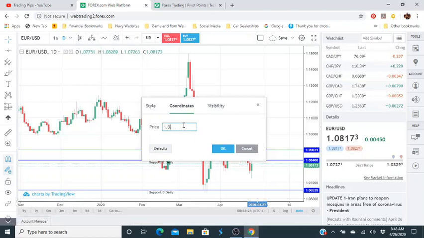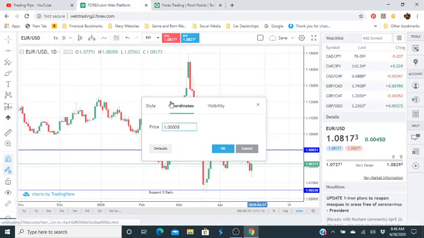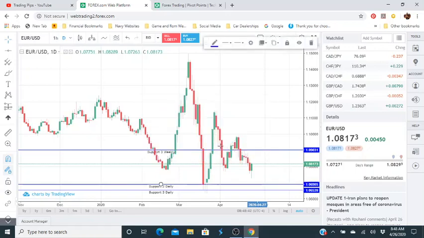We're gonna change that, and we'll go back to the tab, and we're gonna say, okay, support 2 was 106.905. Click back on that, and we're gonna type 106.905, and we're gonna click OK. So now we have our support 2 daily set up.